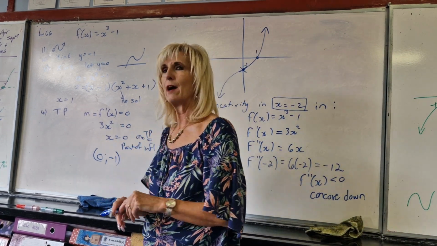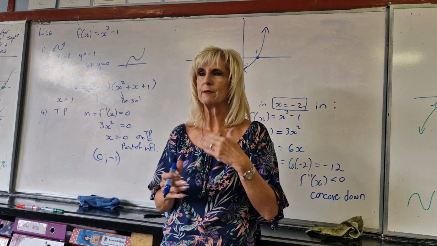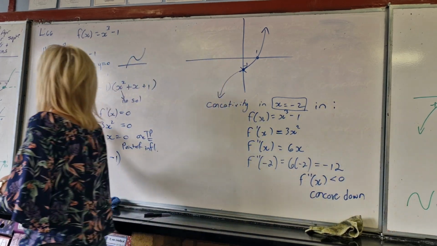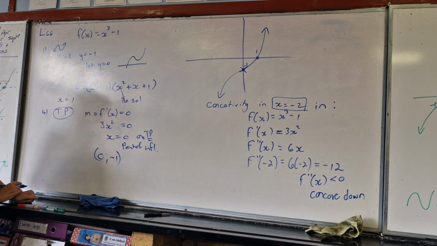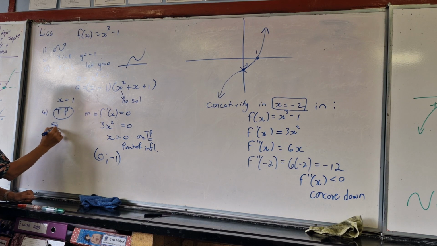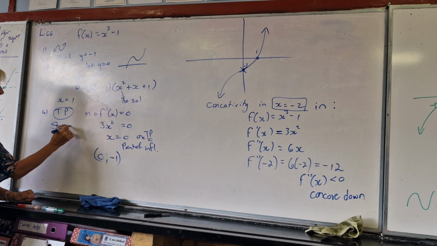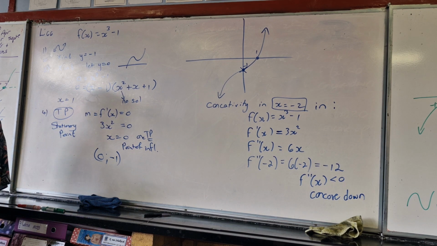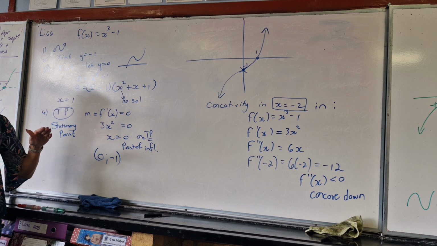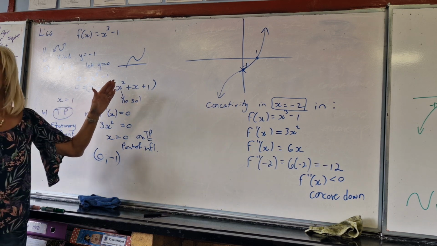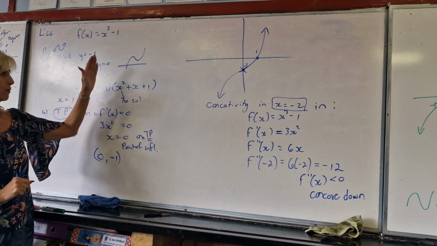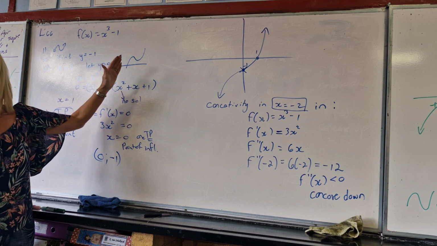Finding the turning point. Now, a lot of people, even me, like not to write turning points. They rather want to write stationary points. Stationary points are when you go on your graph, the derivative, the gradient, is going to give you speed.